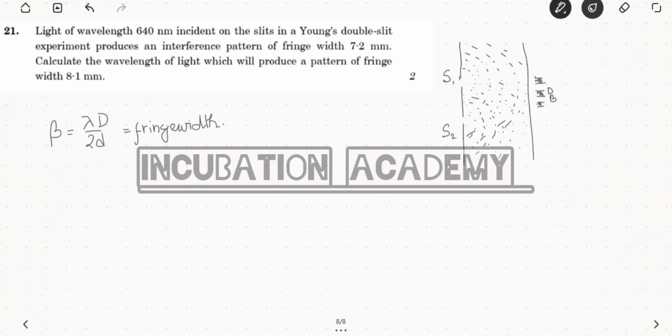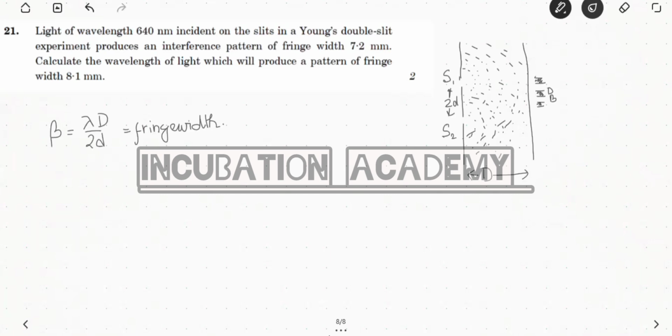But the separation between the two side by side coherent sources, S1 and S2, is of the order of millimeter. So one is of the order of millimeter, the other of the order of several meters.